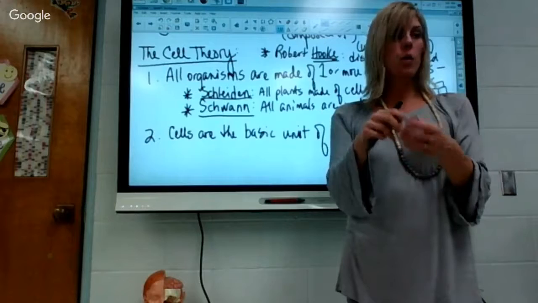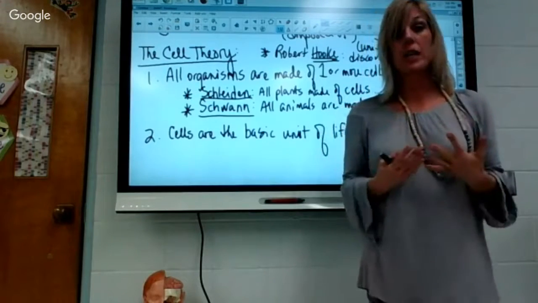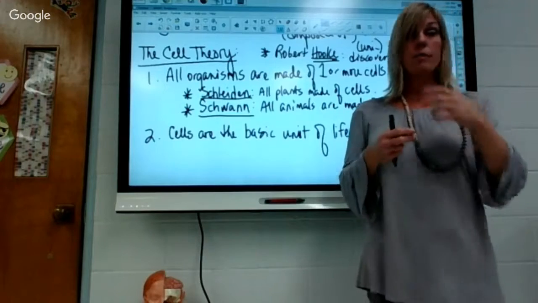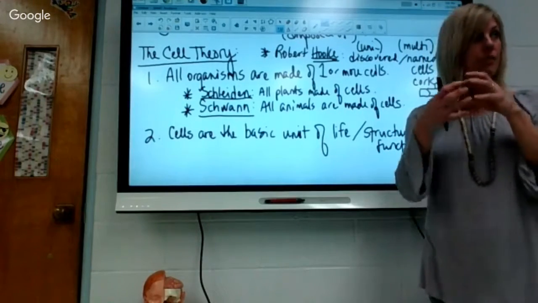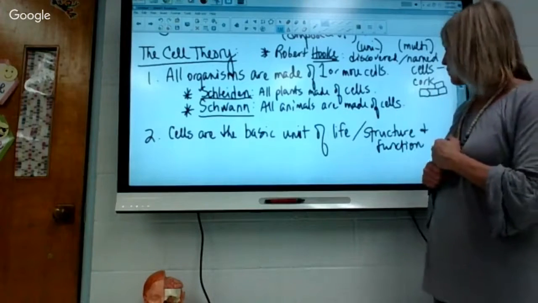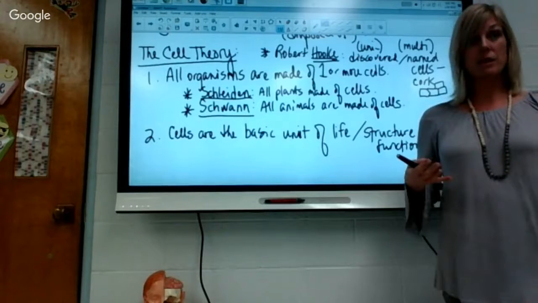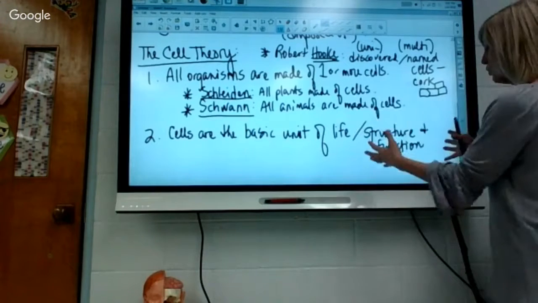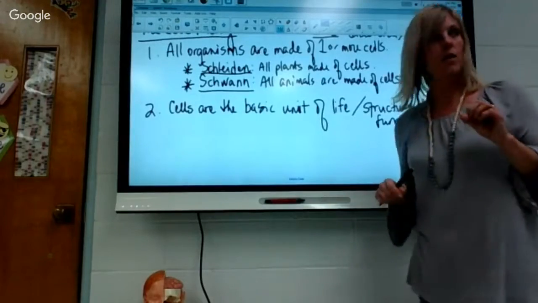So we have organization, metabolism, a need for energy, reproduction, heredity, adaptation in shape and in function, a need for homeostasis, and they respond to stimuli. So they can do all of those life characteristics within that individual cell.